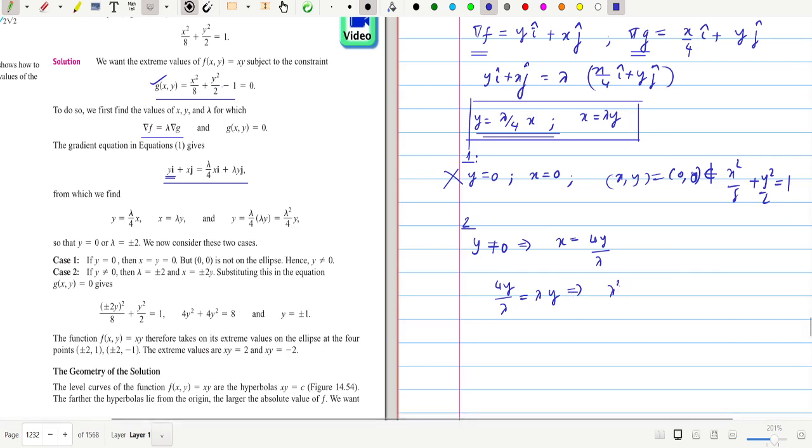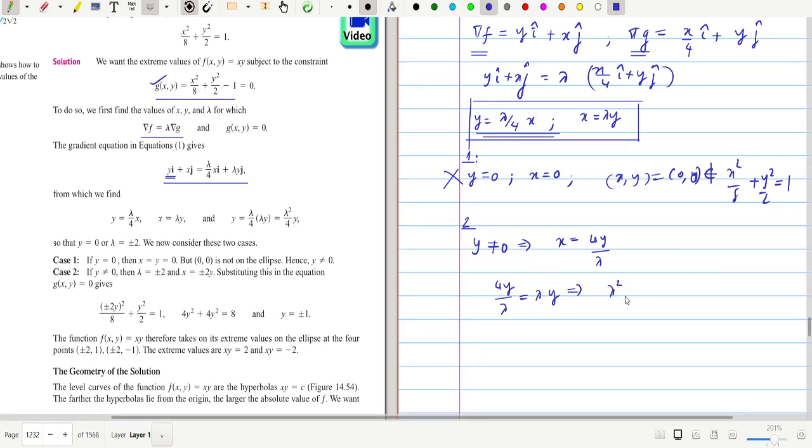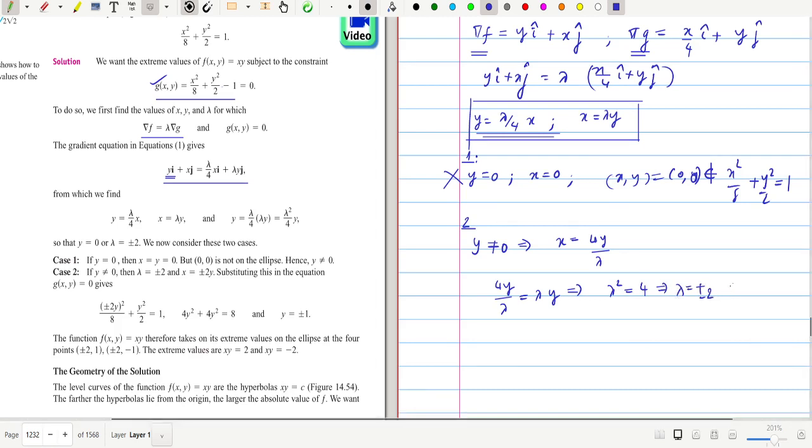Then lambda square is equal to 4, by cancelling y. That implies lambda is equal to plus or minus 2, or lambda equal to 0.